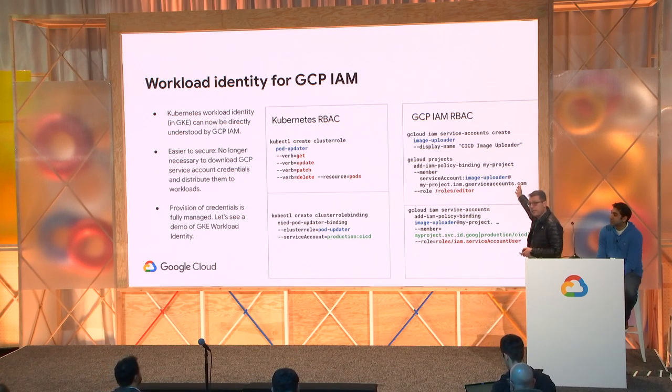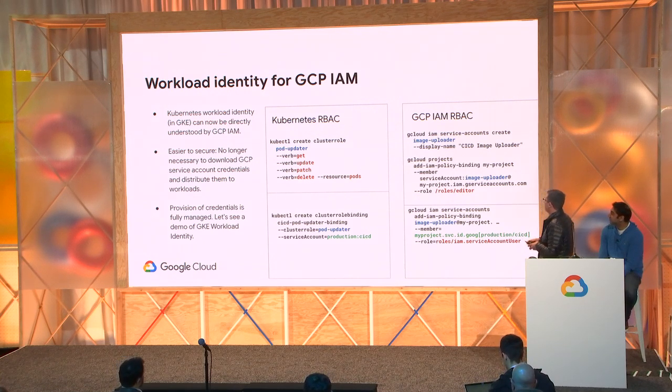In GCP IAM, similarly, you have a GCP service account, and what you do is you grant this service account access to some properties in your project. So here, I'm granting this GCP service account an editor role in the project.